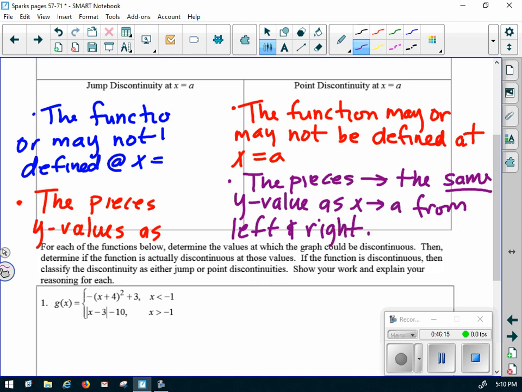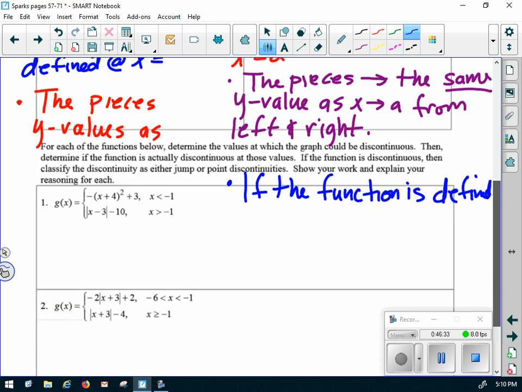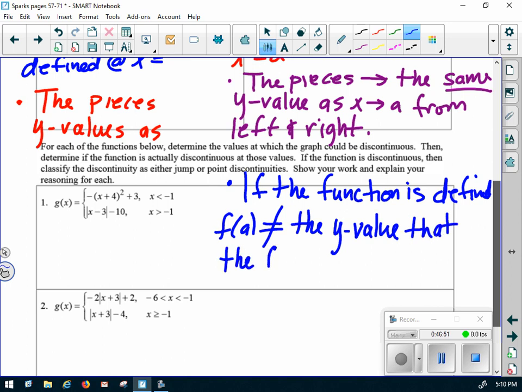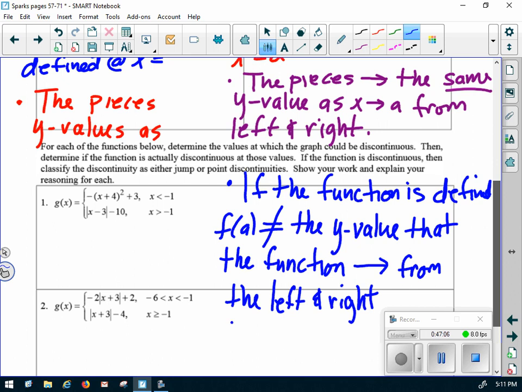But I've got to throw a third piece into this one. If the function is defined, f of a is not equal to the y value that the function approaches from the left and right of x equal a.